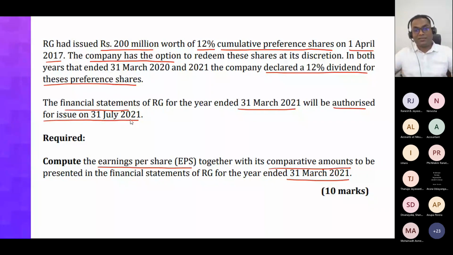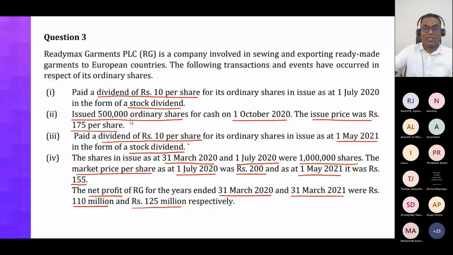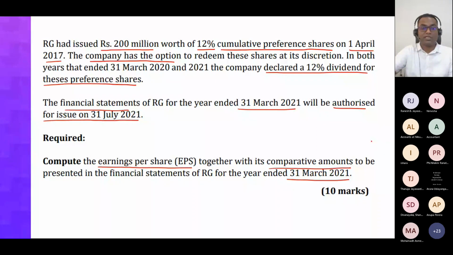That means the board of directors authorized on 31st July 2021. Because there's a share issue in terms of a stock dividend that has happened after the year end but before the financial statements are authorized for issue, on 1st May 2021, that's why that particular information is given.